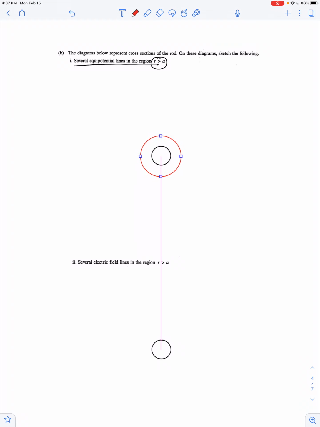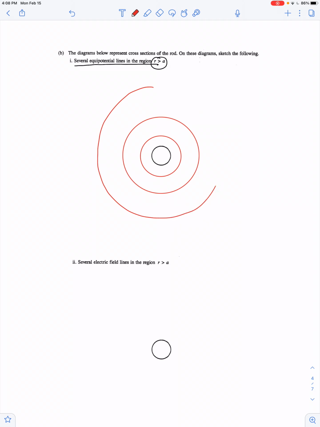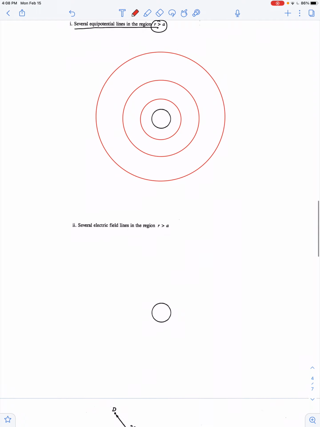There's one. There's another one. And there's another. They're concentric circles. The spacing in them is not uniform, but they are concentric.